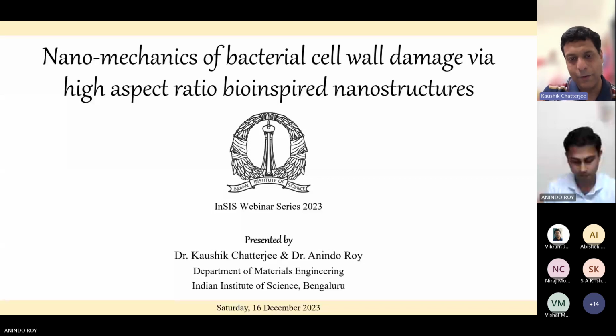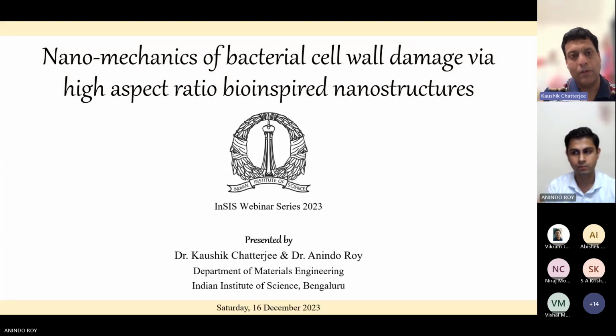Having said that, we do look at materials for biomedical applications, and when it comes to biology or healthcare, mechanics at multiple length scales play a very important role. From matching the mechanical compatibility of materials to various tissues, all the way down from the nanoscale to the macro scale. Here, I want to particularly talk about some work that's been ongoing in our group for more than a decade now.